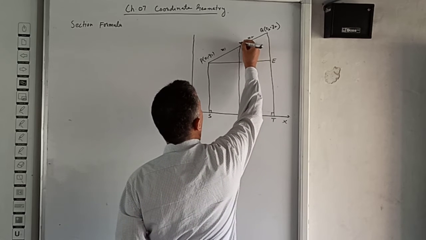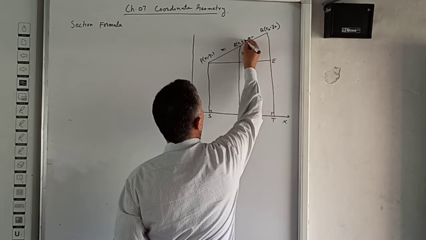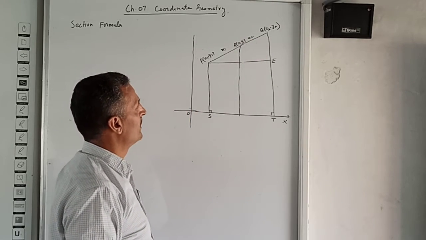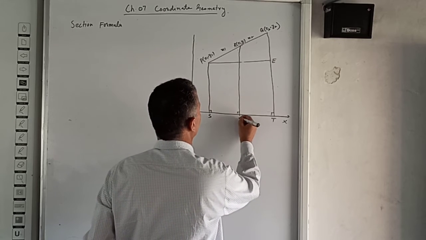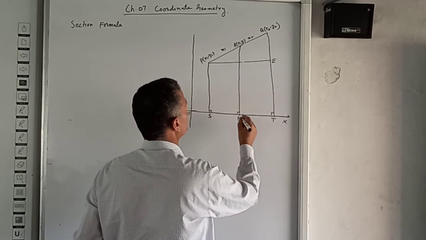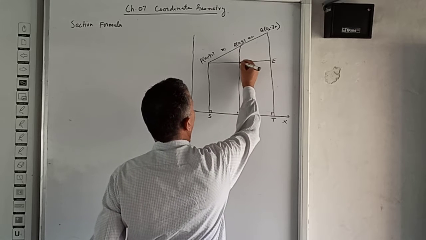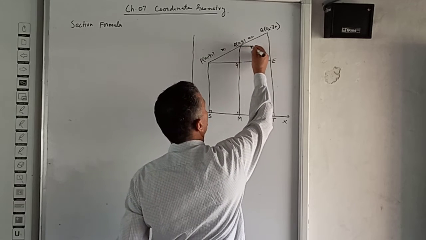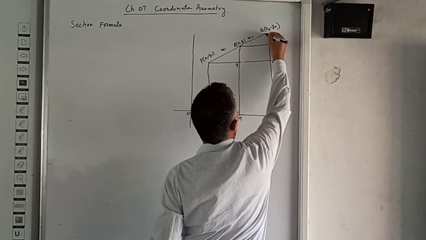From this point R, whose coordinates are (x, y) and which divides this in the ratio M1 is to M2, this is also perpendicular. Let this point be M, and let this point be G. Here also you will draw a perpendicular from this point.